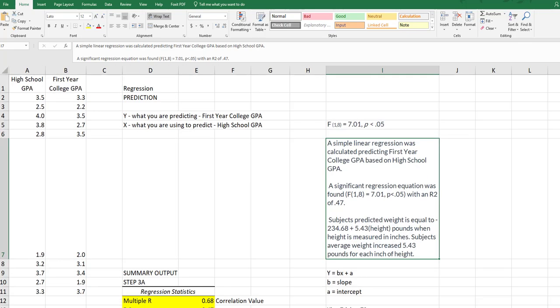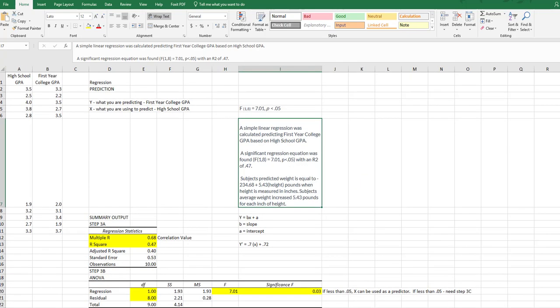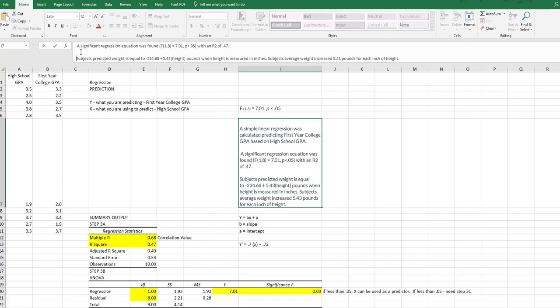So this last sentence, see if I can get this to fit just a little bit. I can't. All right, we'll try it this way. My last sentence, subjects' predicted, what did I predict? College GPA is equal to, and then I'm going to delete literally all of this and start over.